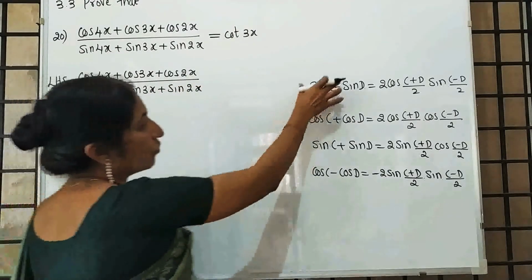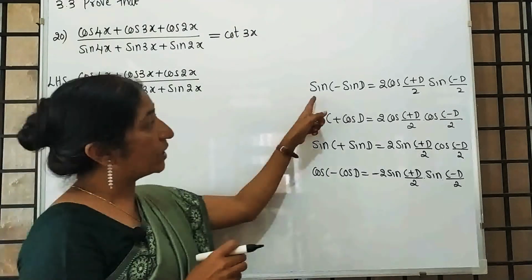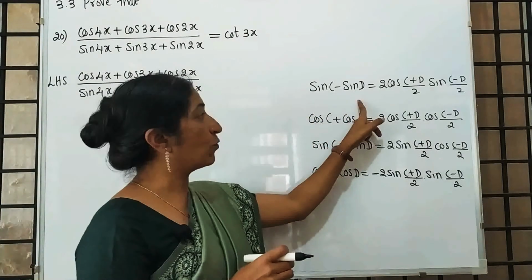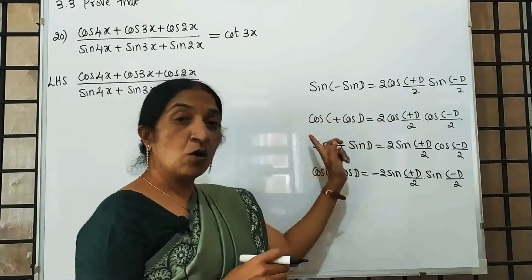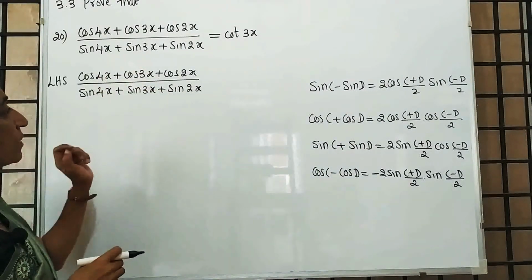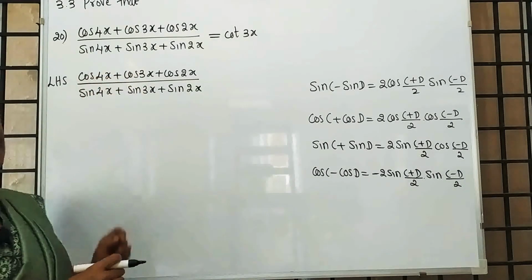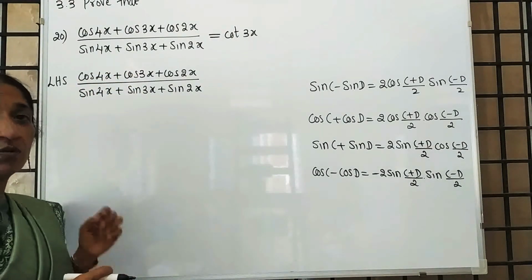In these formulas, what are you observing? We have a formula only for two expressions, sin C minus sin D or cos C plus cos D, like that. But here we have three terms, and you cannot directly apply the formula for two of them, because 4x plus 3x is 7x, and 7 divided by 2 is a fraction.